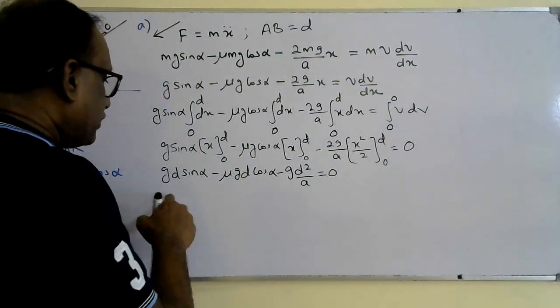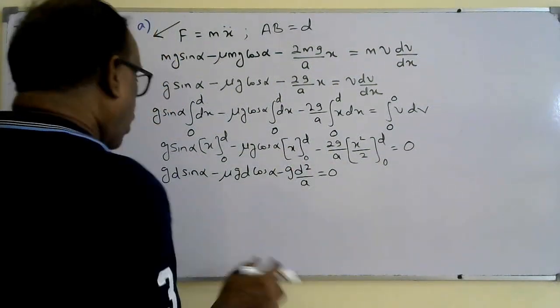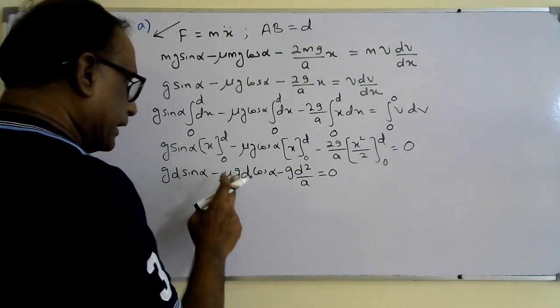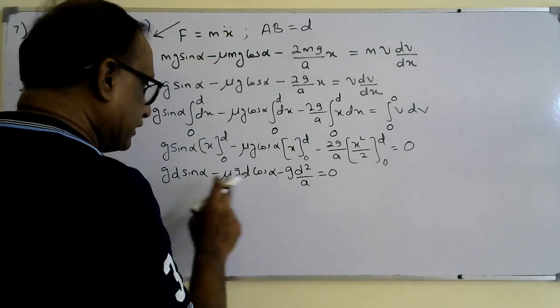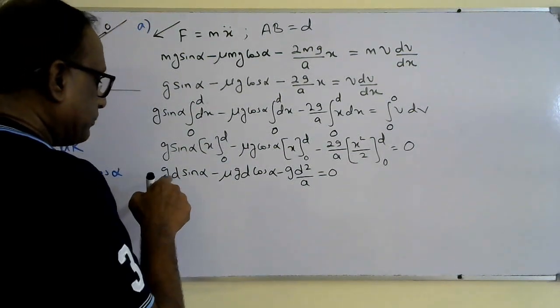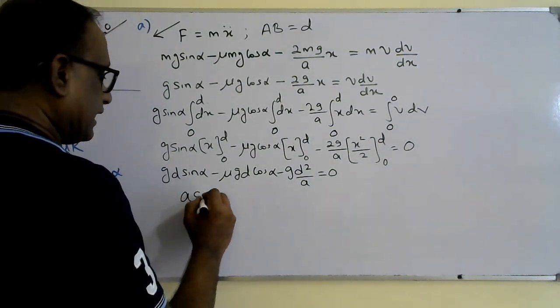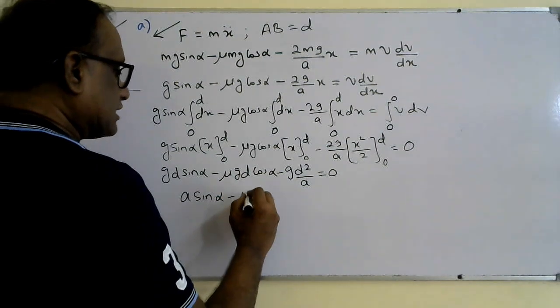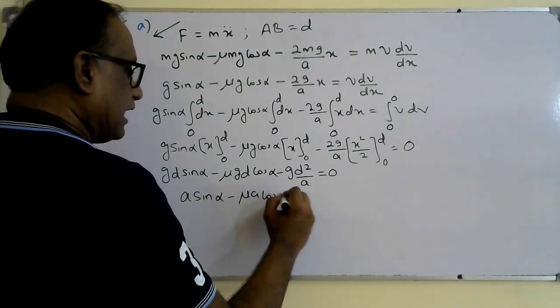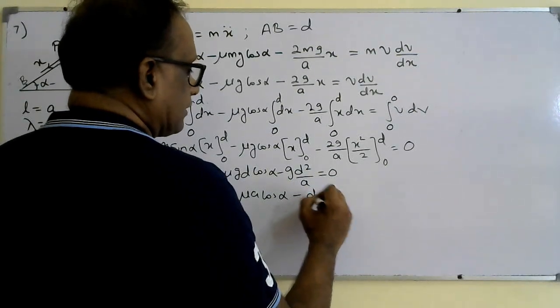So I can divide the whole equation by g d, and multiply it by a. If you divide by g d, a sin alpha minus mu a cos alpha minus d equals 0.